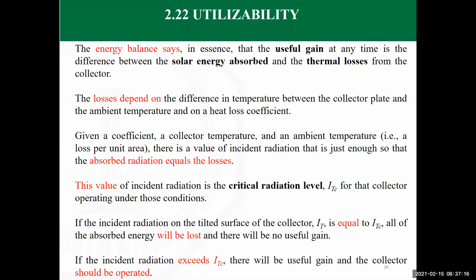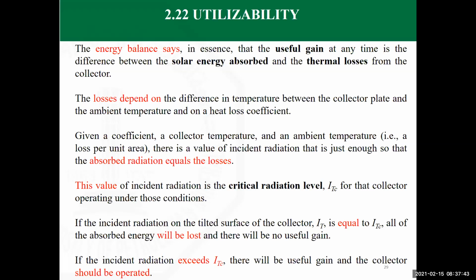For the solar collector to work, the gain should be greater than this critical radiation level, so that the heat is not all lost to the surroundings in the form of losses, but there is additional input that can be used for heating water or heating air, depending on which fluid you are interested in heating.